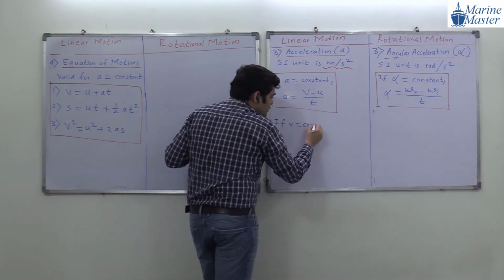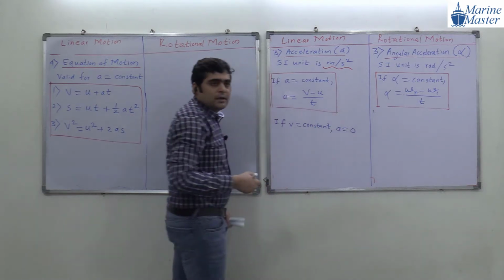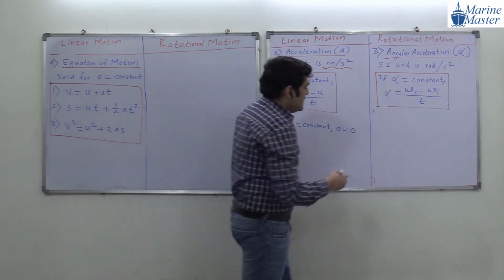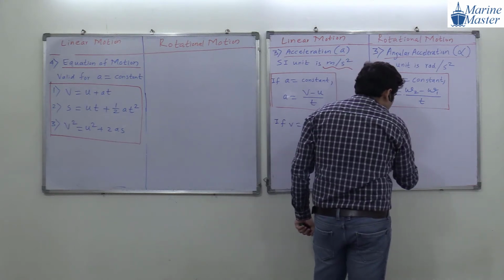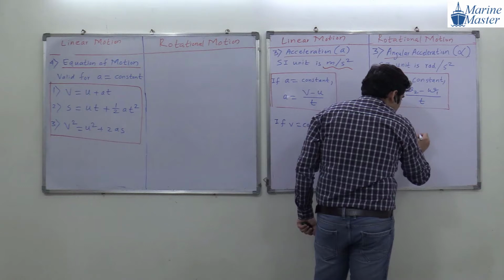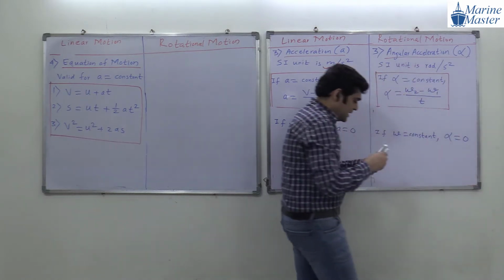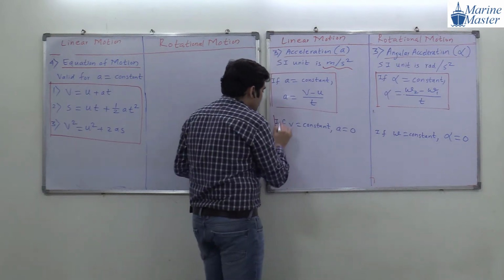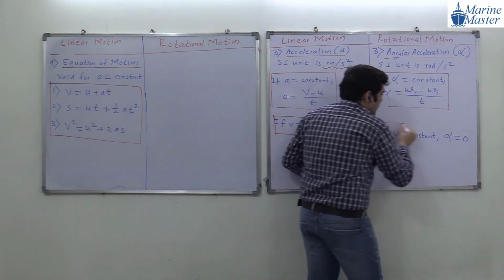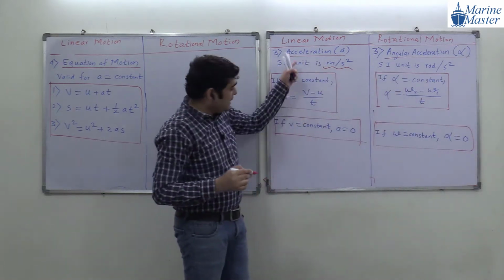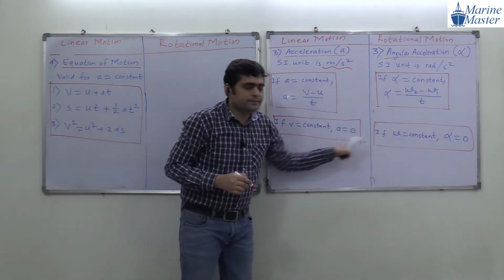If V is equal to constant, what about acceleration? Zero. And if omega is equal to constant in rotational motion, then alpha is equal to 0. Write these two sentences, this one in the acceleration column and this one in the third point.